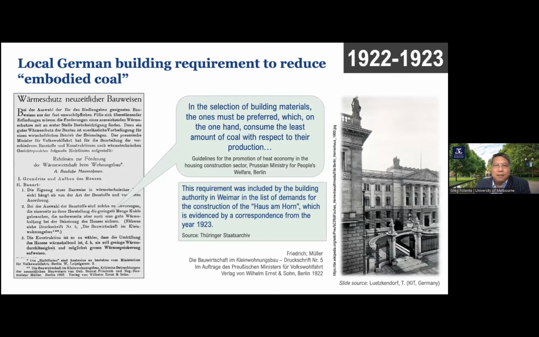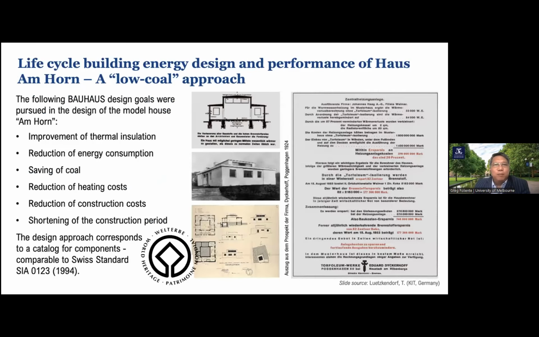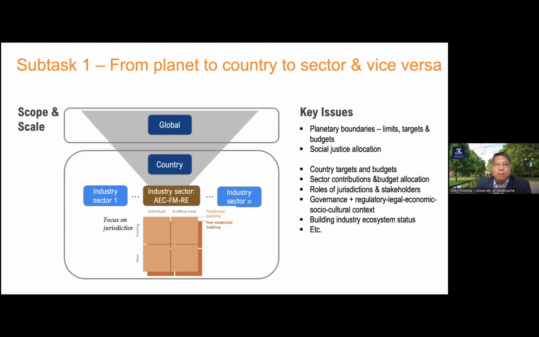And it was the first record of minimizing embodied coal, which now translates to embodied carbon in our case. And this is for the house, which became the first Bauhaus in Weimar. And so you can see the requirement of sustainability is on the left, and a lot of them are on saving energy, efficiency and embodied coal reduction. So we have come full circle.